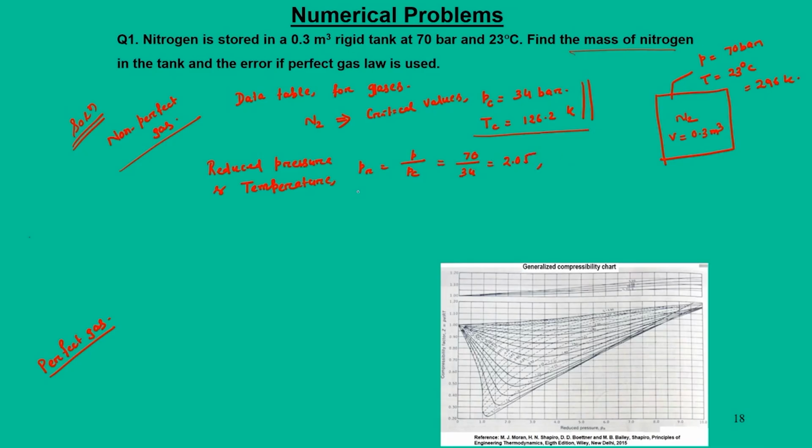Again, Tr is T by Tc, which is 296 divided by 126.2, and it is 2.34. So we have two numbers, Pr and Tr.